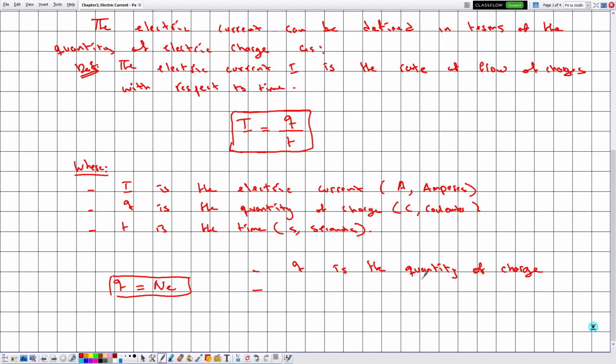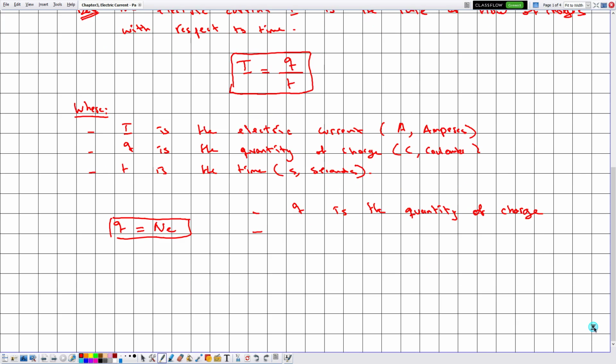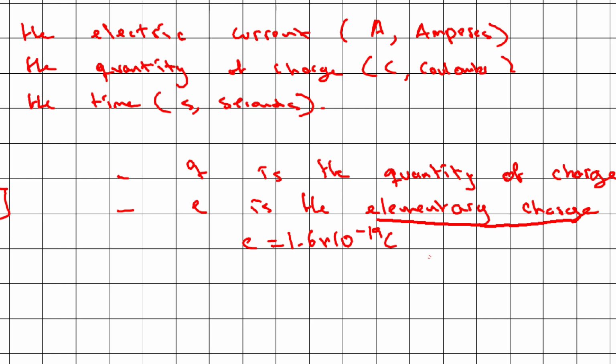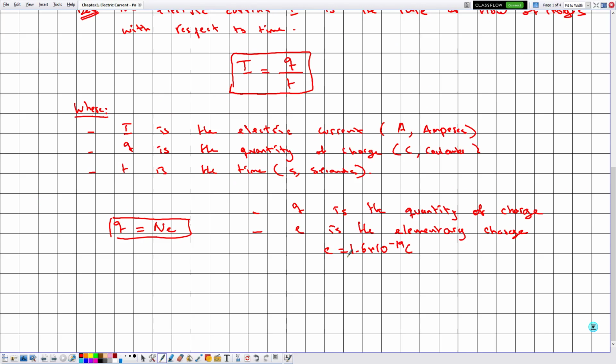We know that any quantity of charge can be expressed as an integer number of the elementary charge. E is the elementary charge, and the value of E in the SI is fixed, and it's given by 1.6 times 10 to the power minus 19 coulombs. So what does E represent? It is the elementary charge, the smallest amount of charge found in nature. And what does N represent?